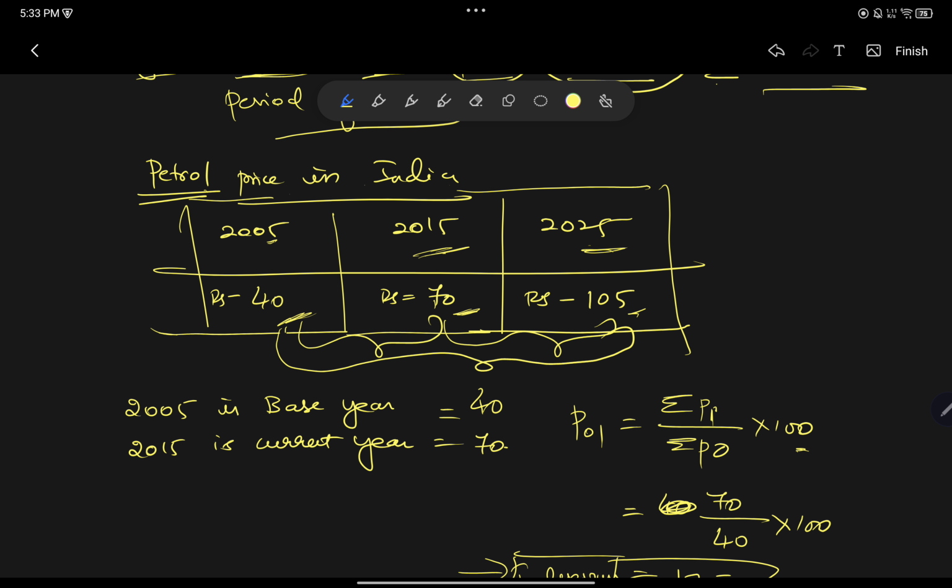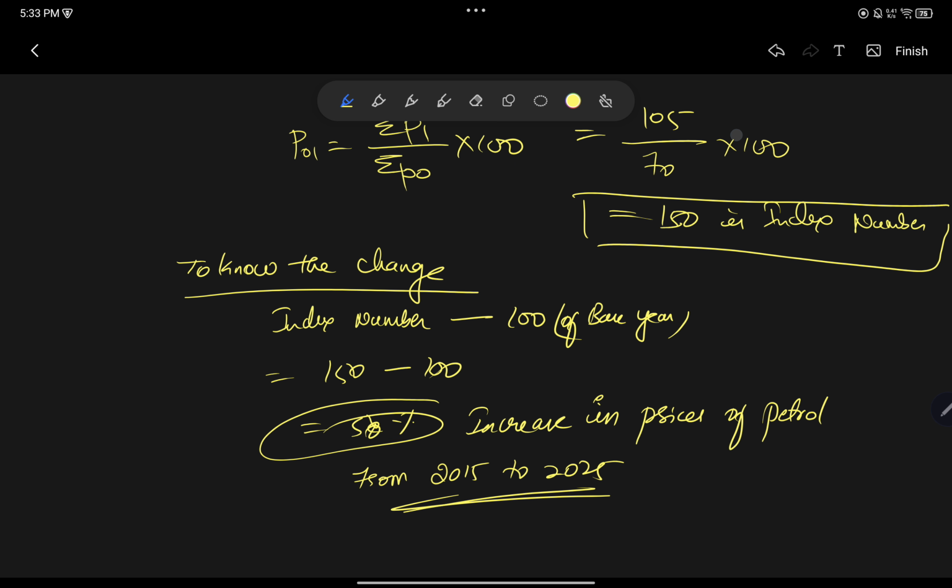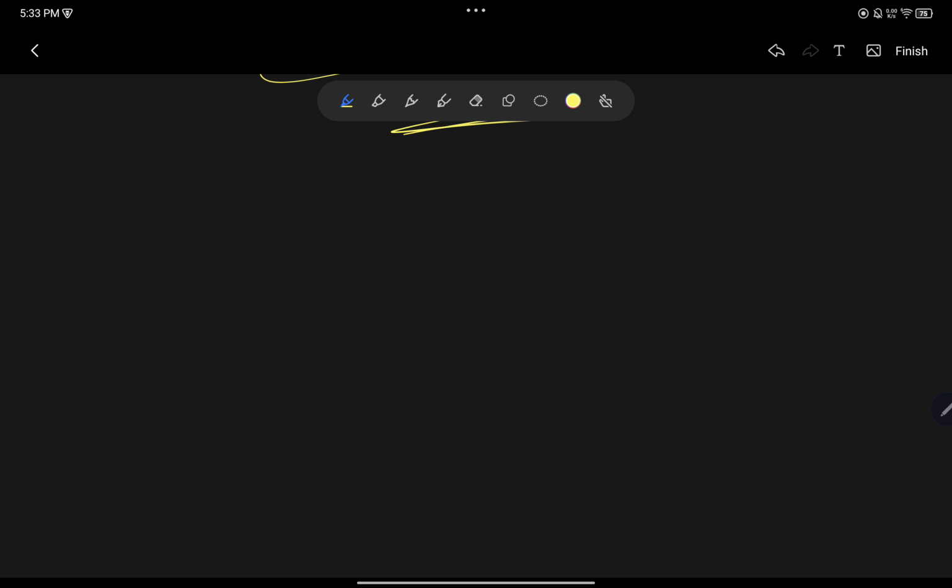How do we calculate the index numbers? Before that, let me tell you the basic things we need to have knowledge about. Zero means this is zero, not O. Zero means base year.